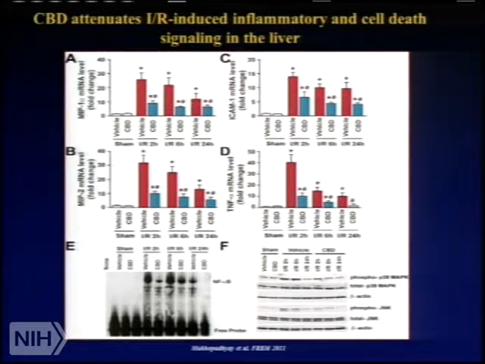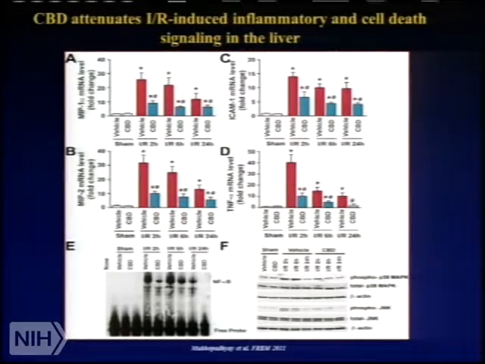This is an important adhesion molecule, which can be expressed by endothelial cells and some other cells as well. Also there is marked induction and attenuation by cannabidiol. And this is another chemokine and cytokine, TNF-alpha. There is a marked increase and attenuation, in blue, with cannabidiol.